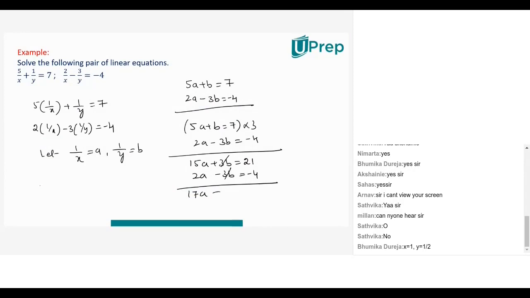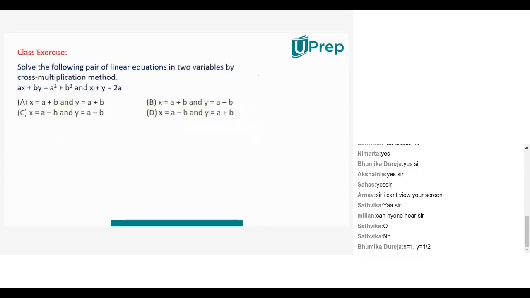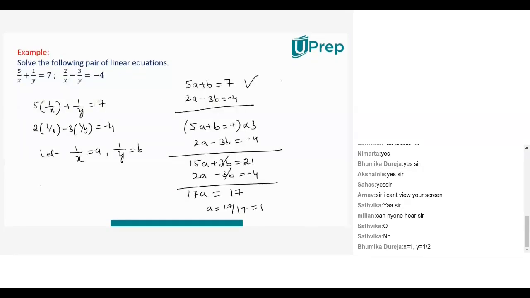Now when you add these two equations, the 3b gets cancelled. 15a plus 2a is 17a, and 21 minus 4 is 17. Now when you divide 17 by 17, how much is it? 1. So a is 1. Substitute this in the equation 5a plus b is equal to 7.